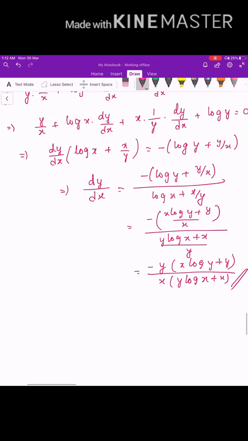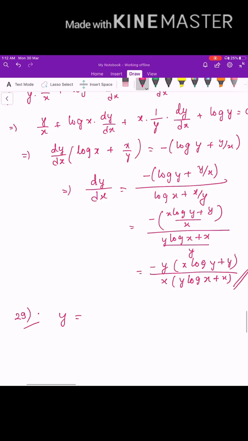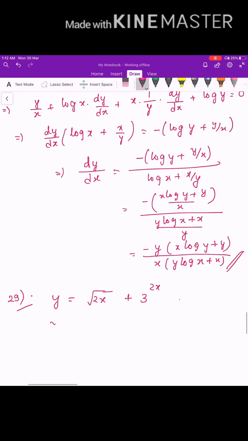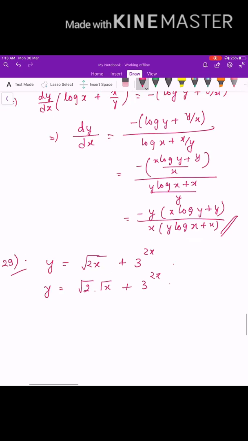Question 29. y is equal to root 2x plus 3 to the power 2x. Okay, this is root 2 into root x, right?